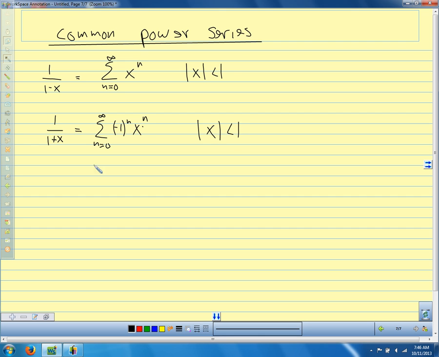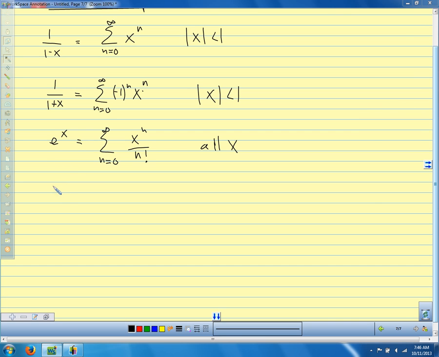E to the x, we talked about that one. Cosine of x, similar. Sine x gives us odd powers, cosine x gives us even powers.